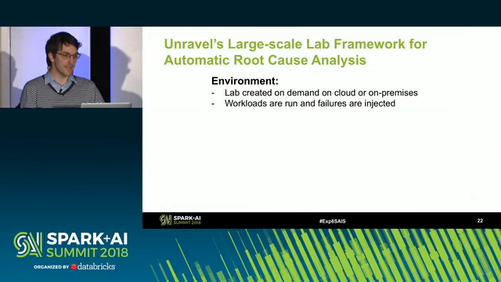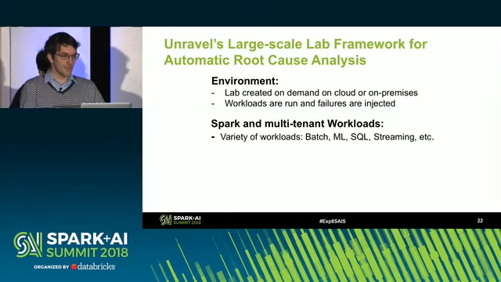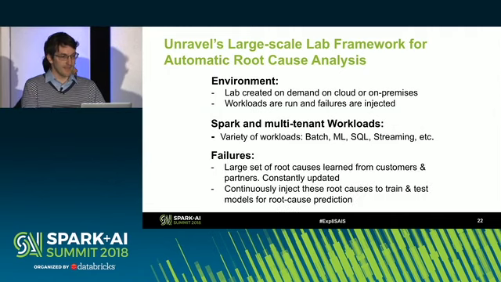But to achieve that, we built an environment at Unravel where we collected a lot of data on clusters, either in the cloud or on premises, where we ran a lot of workloads, and then we injected known failures. In terms of workloads, we used a variety of workloads such as batch processing, machine learning, SQL, and Spark streaming. Then we injected failures. Part of these failures were taken from our customers and partners.